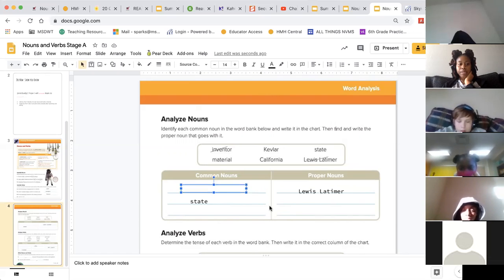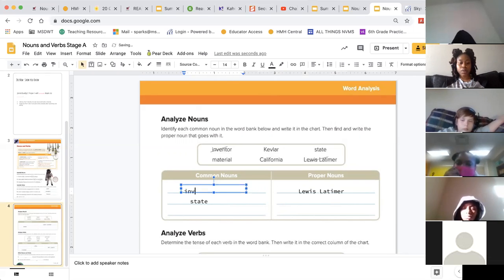Go ahead and write your responses in the chat. So Lewis Latimer was an inventor. So inventor is the correct common noun.